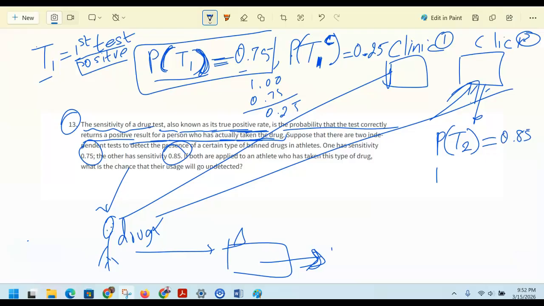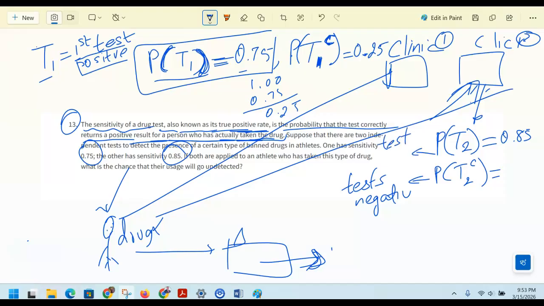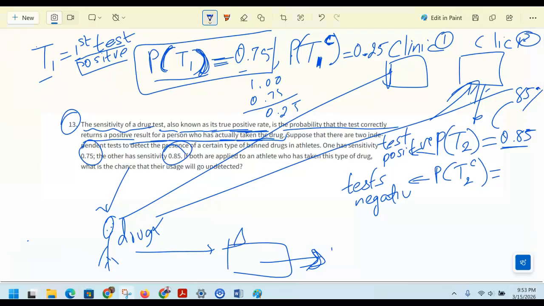The complement means he tests negative, and this one means tests positive. So 85% positive means negative will be 15%, common sense, which is 0.15.